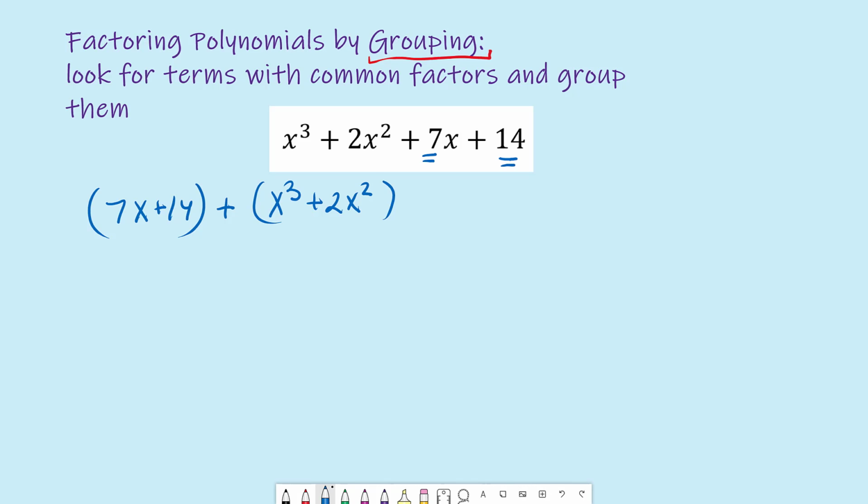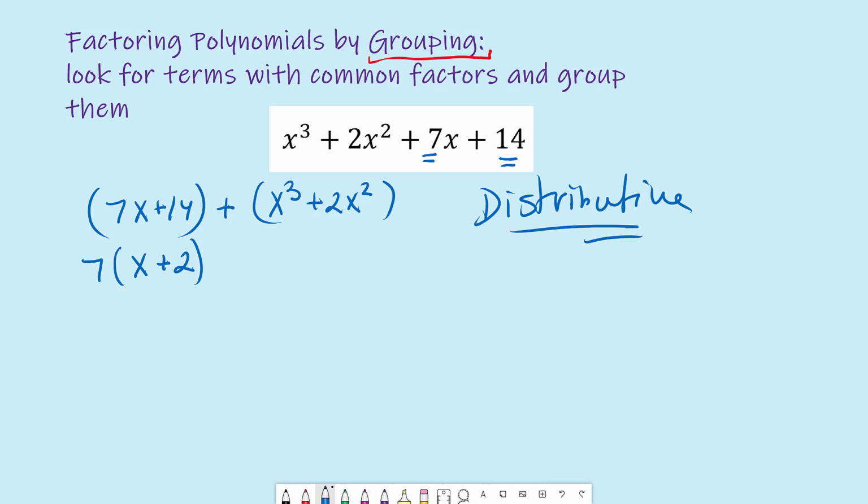So again, using the distributive law, or the distributive property, and I'll write it down again because it's so important, we can take 7 out of our parentheses, and instead of writing 7x plus 14, we write 7 times (x plus 2), because we have x times 7 and we have 2 times 7, which is 14.